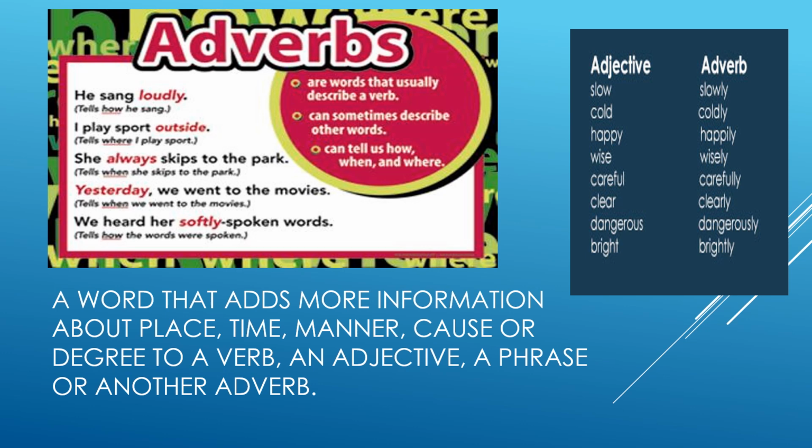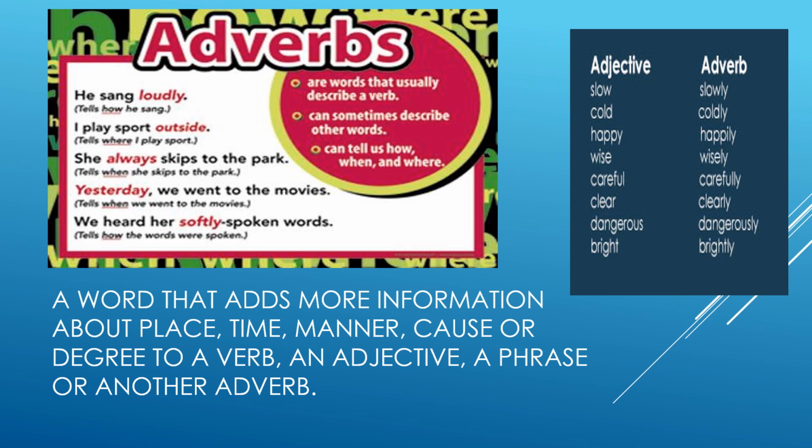When does she skip? Always. Yesterday we went to the movies. When did we go? Yesterday. He heard her softly spoken words. How did she speak? She spoke softly. So like this, you can take out adverbs from the sentence.